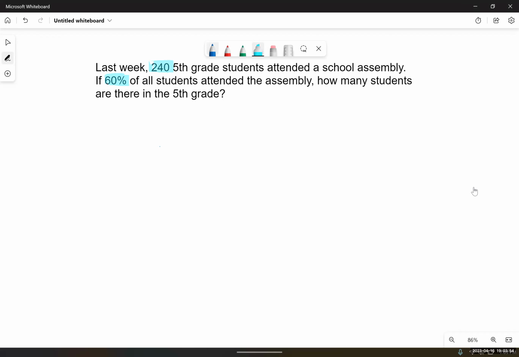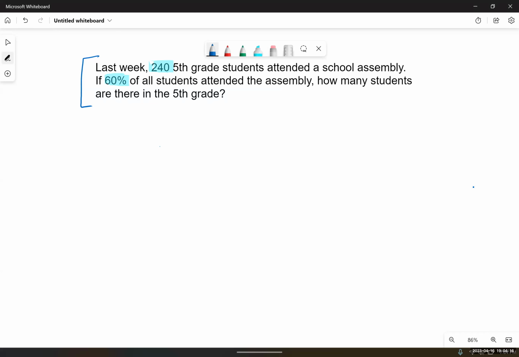So let's translate this three lines of text to a much more straightforward "is of" statement, because we're using a percent equation. So 240, that's part of the whole student body. It's actually 60% of it.